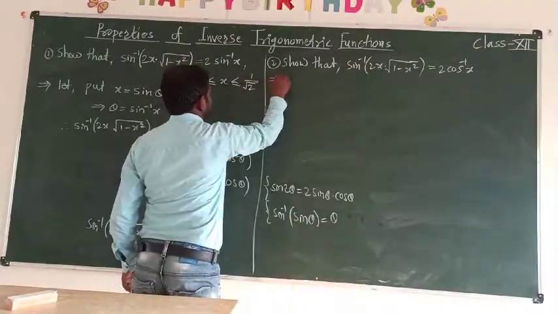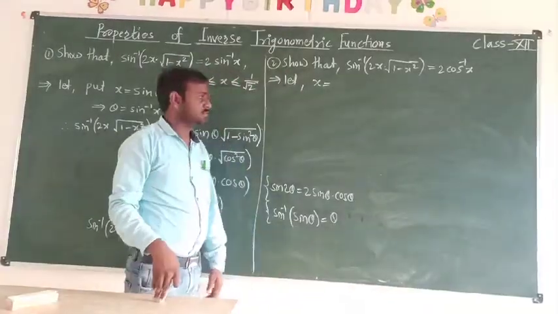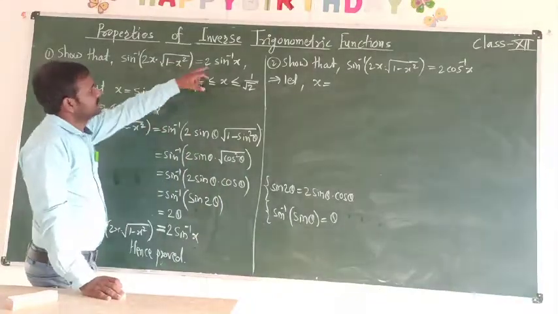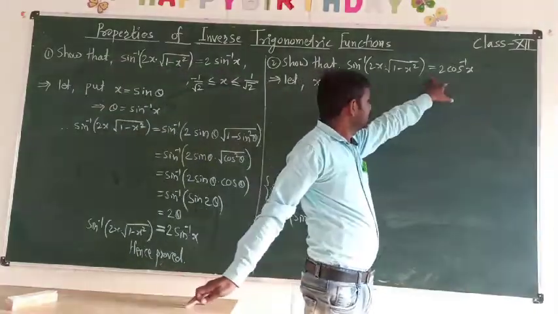So again, let us put x equal to cos theta, because we want cos inverse x. In the first example we put sin theta because we wanted sin inverse x. This implies theta equals cos inverse x.